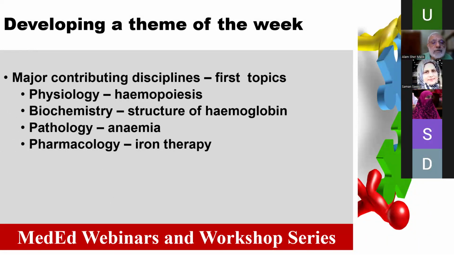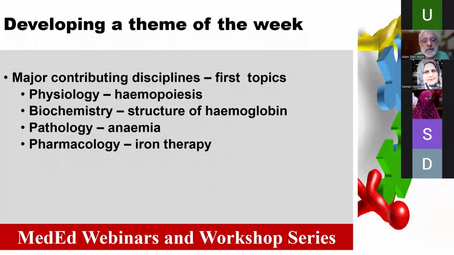Physiology says that we want to teach hemopoiesis. Biochemistry teaches the structure of hemoglobin. Pathology wants to teach anemia, and pharmacology iron therapy. Now, if we look at these 4, hemopoiesis, structure of hemoglobin, anemia, iron, we need a theme, a clinical situation which can cover all these areas.